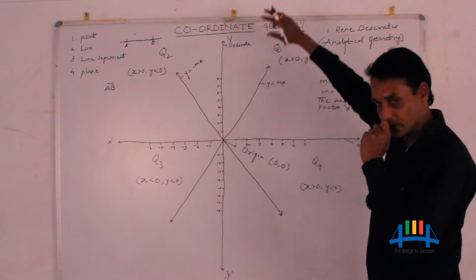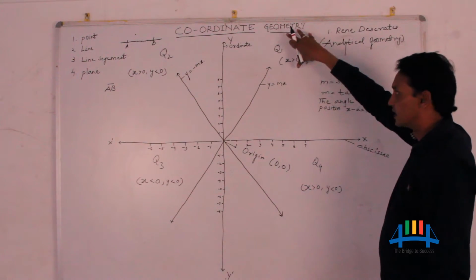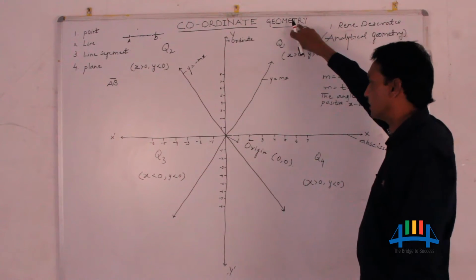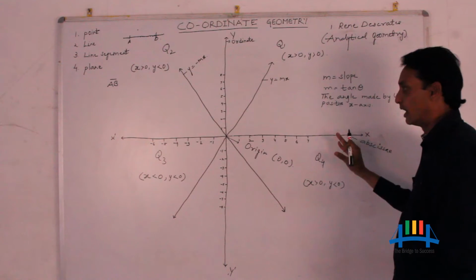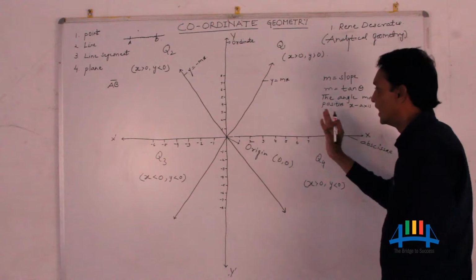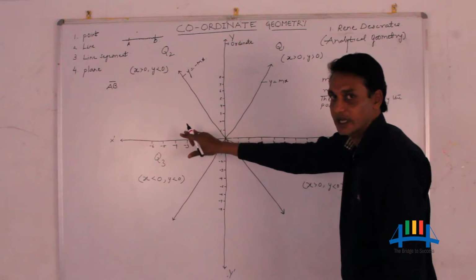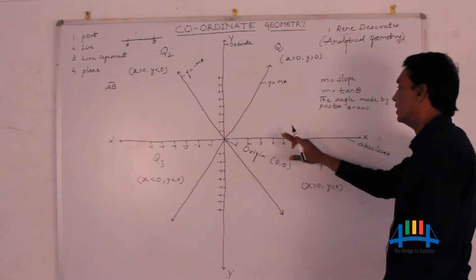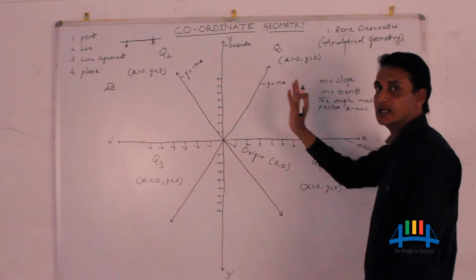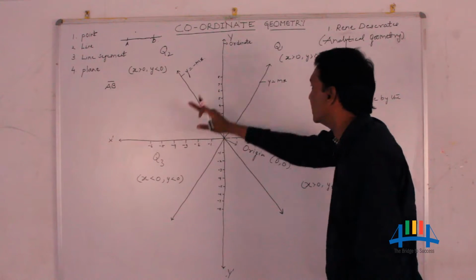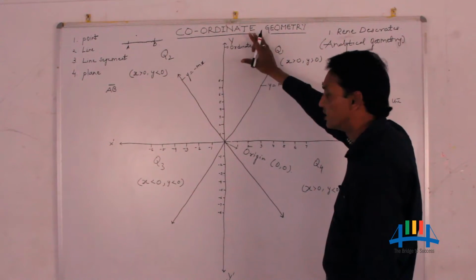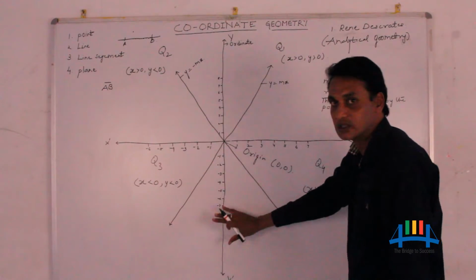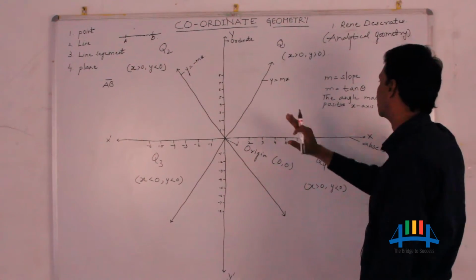Now let's go into the coordinates. When we draw the graph, we give positive values on one side and negative values on the other. On the horizontal line you can observe some positive values and some negative values. In the same way, on the y-axis also some values are positive and some are negative.